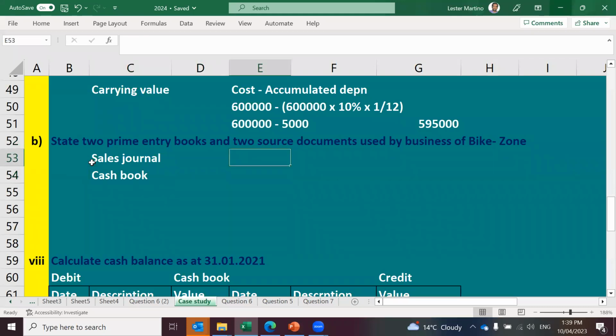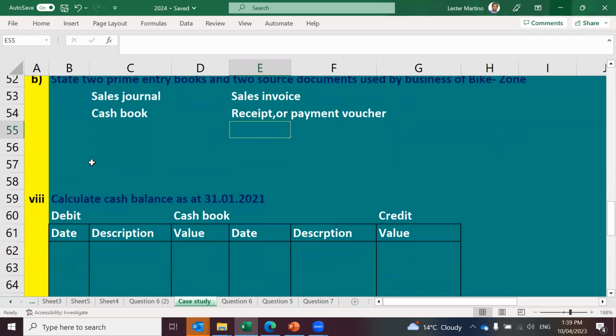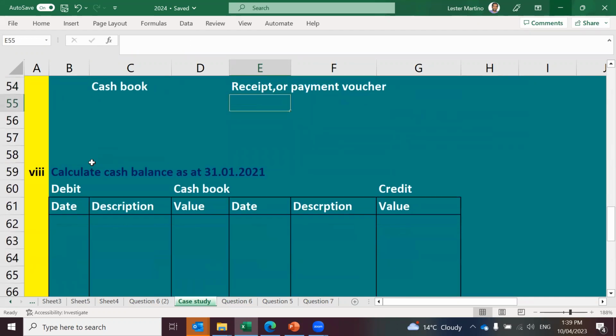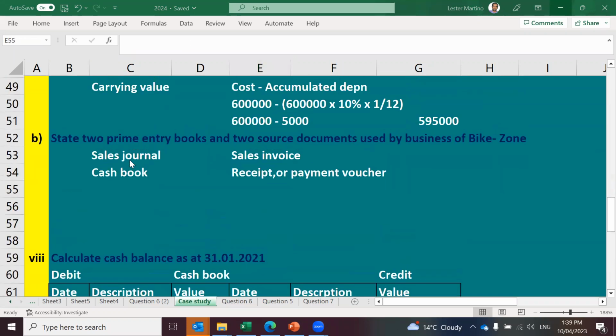The supporting documents are the sales invoice for the sales journal, and for the cash book, either a receipt or payment voucher. Is it clear? If you have a doubt, please ask.